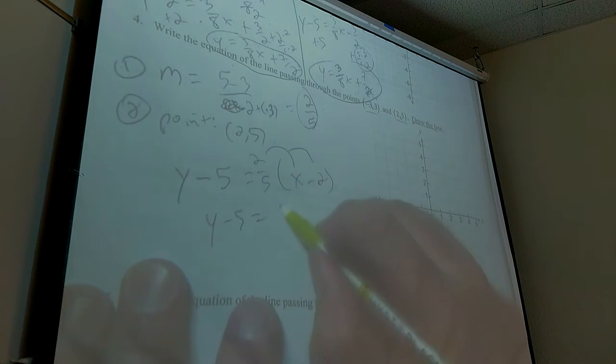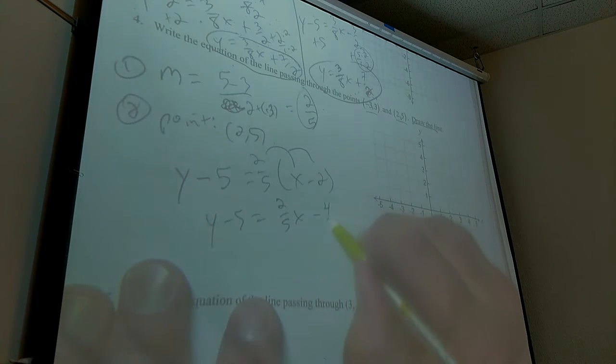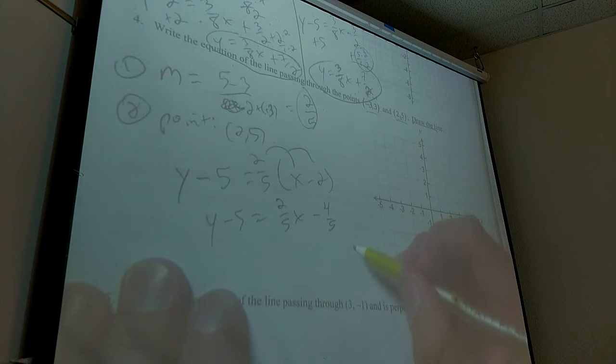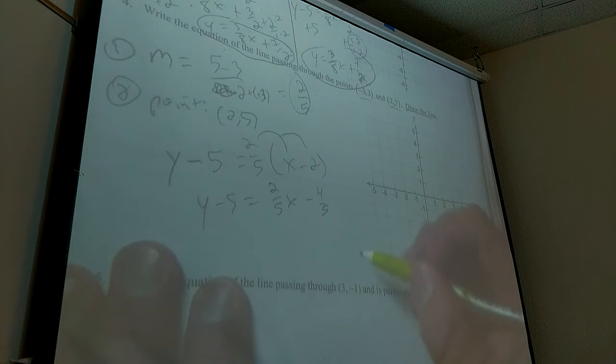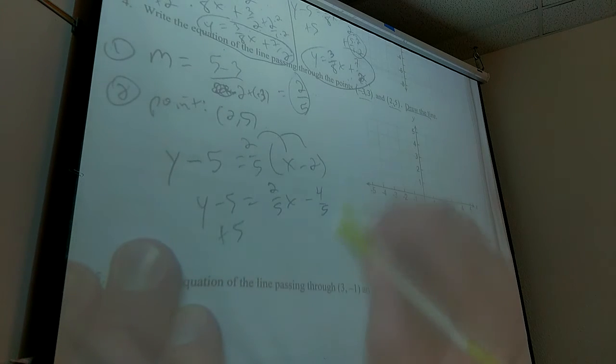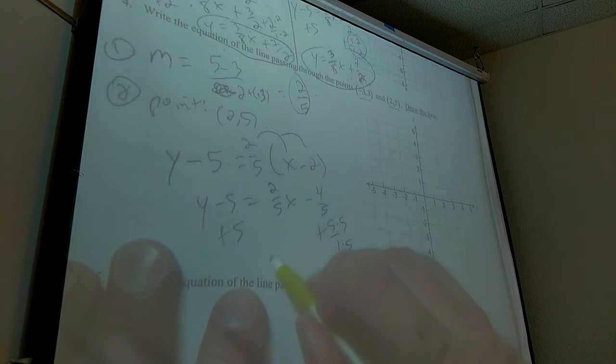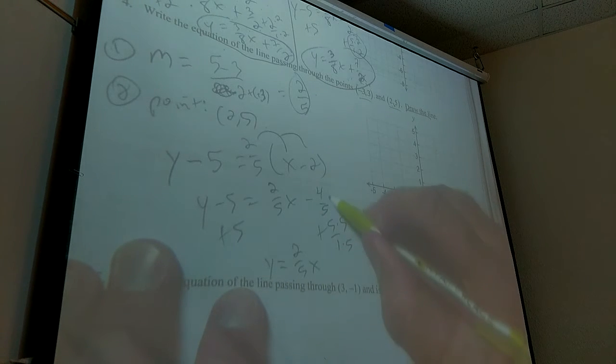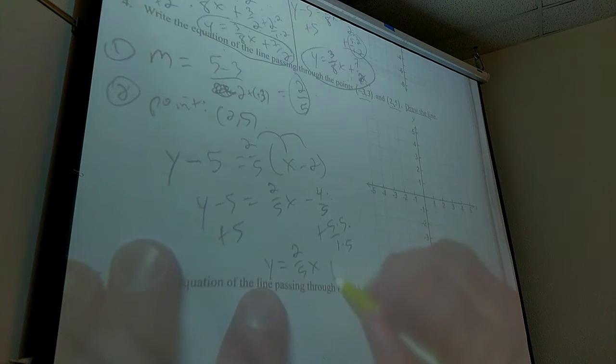Bring that in. And then what's the last thing? Add 5. So now I've got to make it over 5, so I've got to multiply by 5. So I end up with 2/5 x minus 4 plus 25, 21.